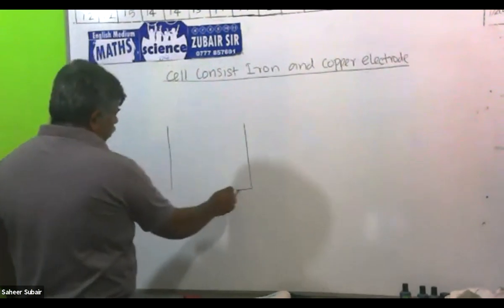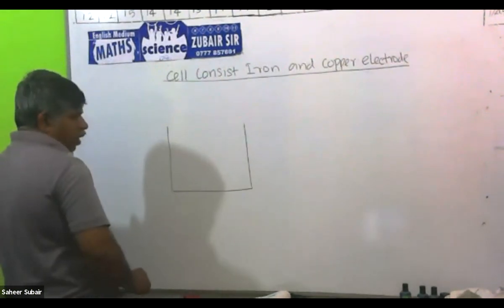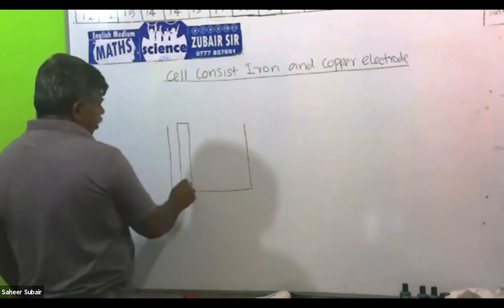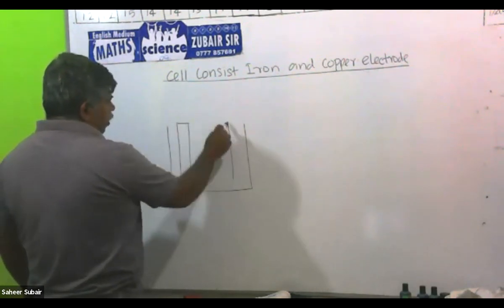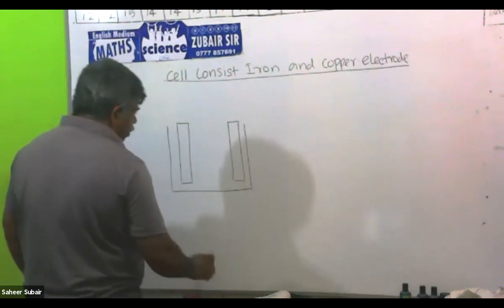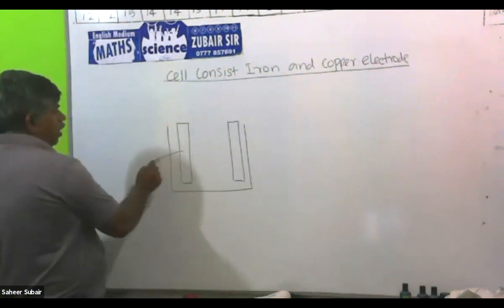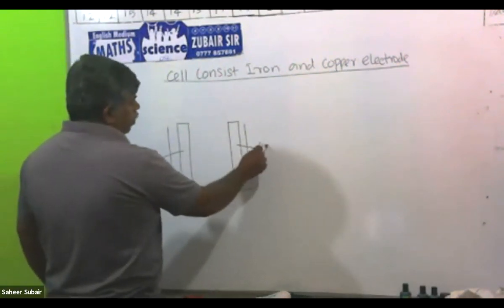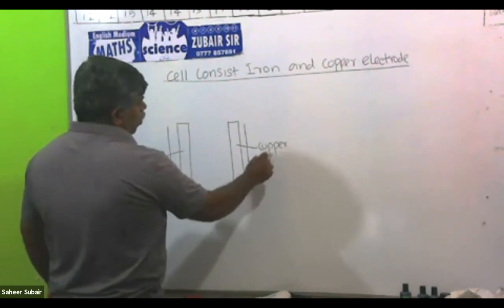Earlier we have studied. So one beaker is there. In this beaker, two metal rods are there. One is taken as iron, I had given one as iron. Iron means Fe. The other one I have taken as copper. Copper means Cu.